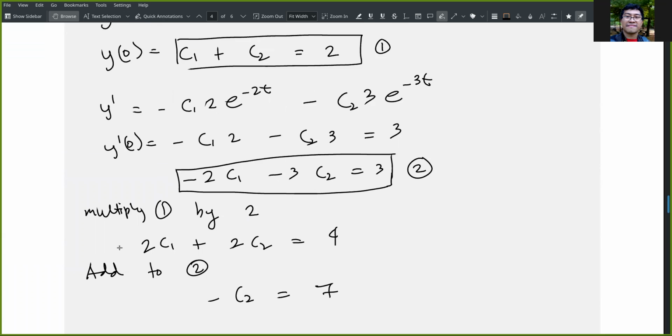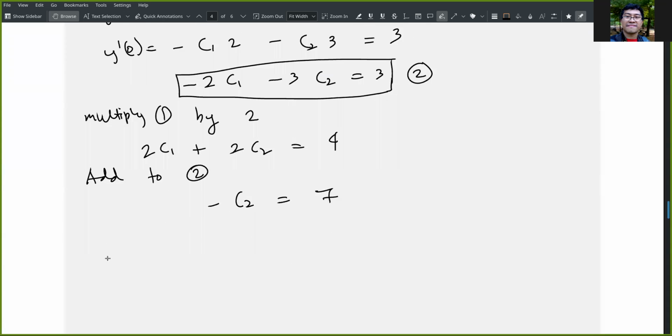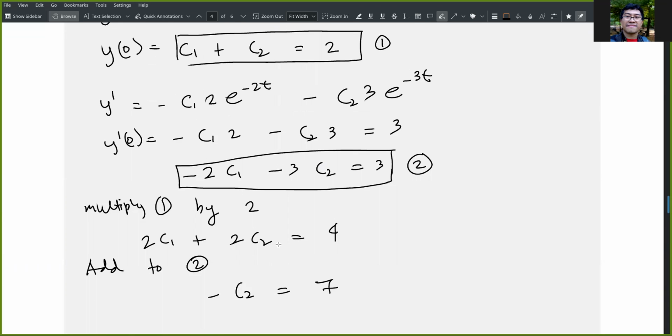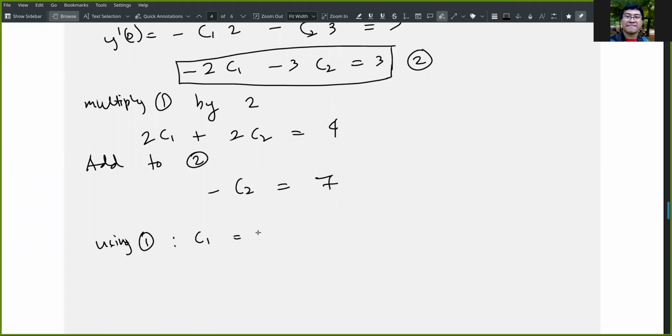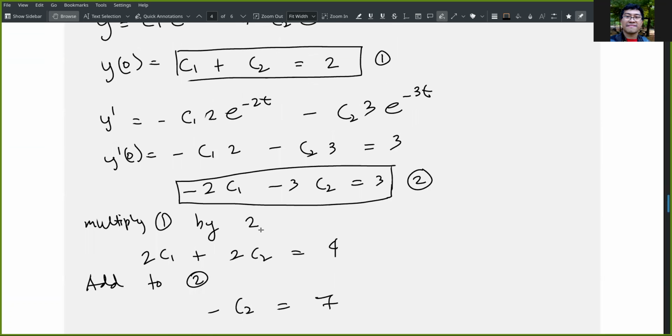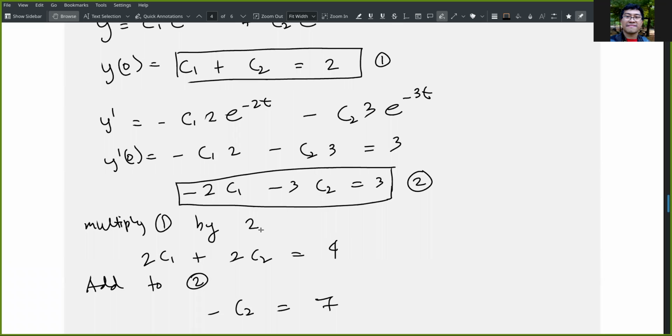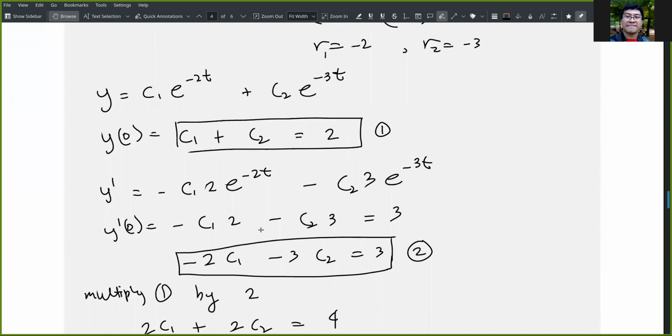In a similar way, if we use equation 1, we have c1 equals 2 minus c2.